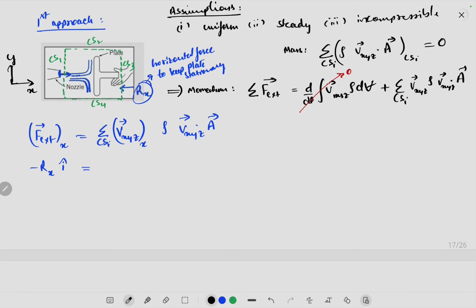Okay, so I have 4 control surfaces, CS1, CS2, CS3 and CS4. Out of all these control surfaces, what are the control surfaces that will contribute in this equation?